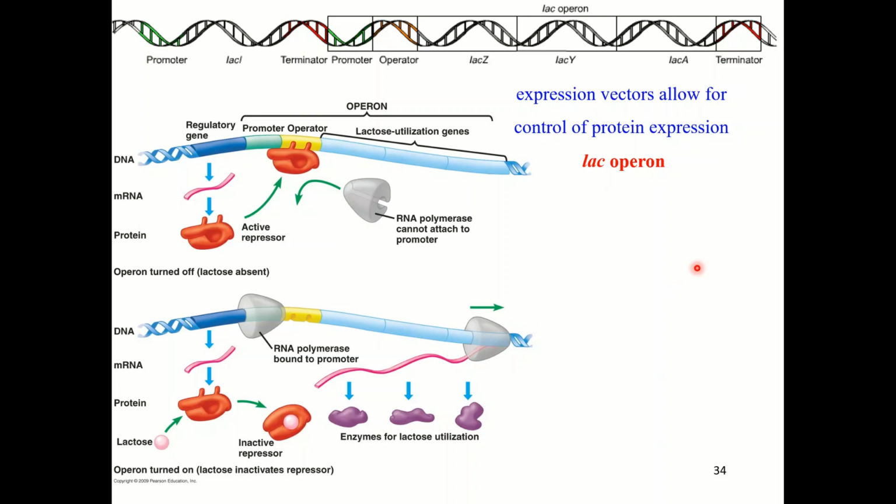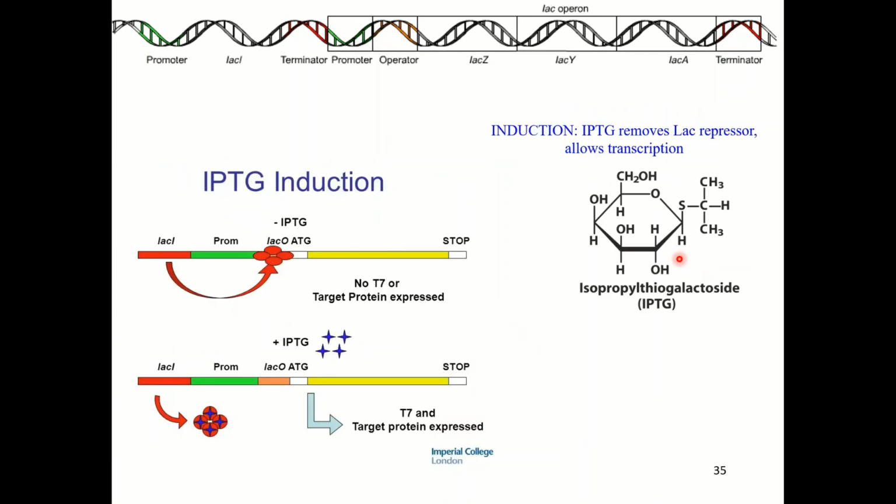Instead of lactose, we usually induce expression using a compound known as IPTG. IPTG is a lactose analog, so it looks very similar to lactose. The difference is it's not going to be digested in the cell, so it just stays around longer.